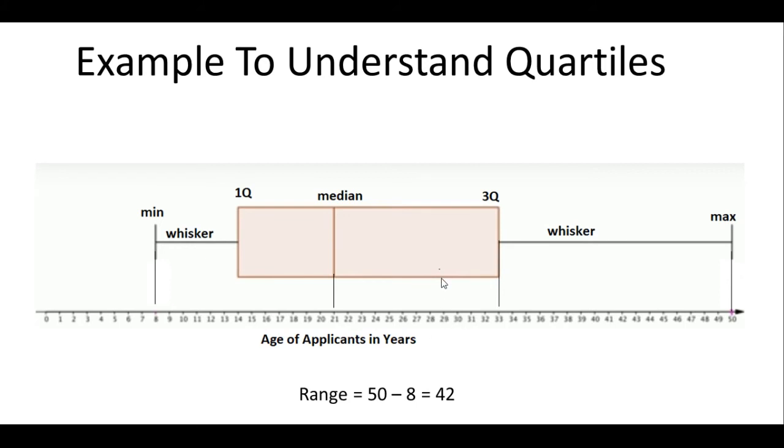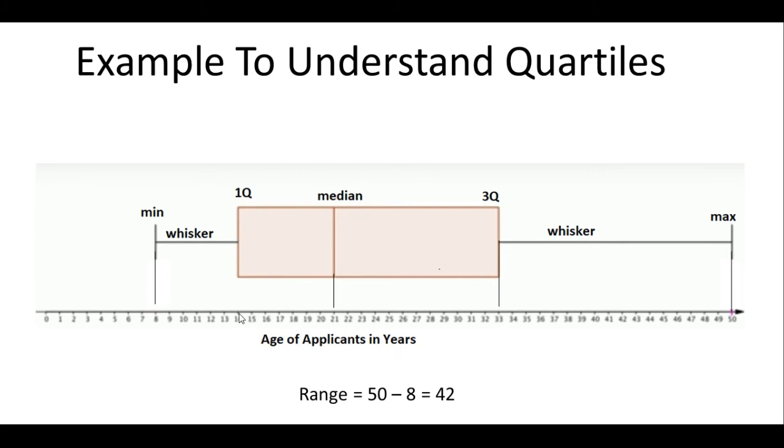The normal median would have fallen somewhere here, but based on the experiment that we conducted, the actual average age of people is 21, and that's why the first quartile is at 14.